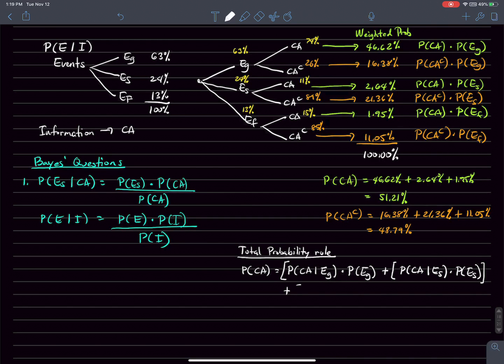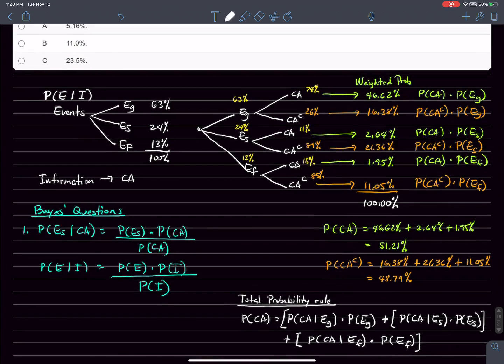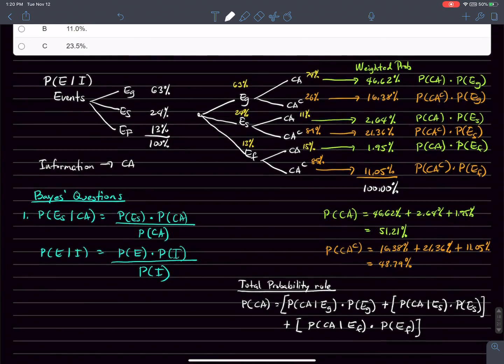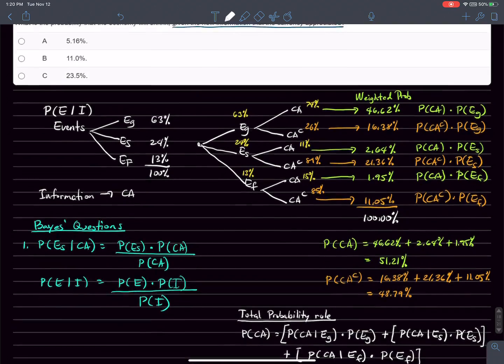So the last one will be probability of the currency appreciating given the economy stays flat, multiplied by the probability of the economy staying flat. So applying it here, hold on.